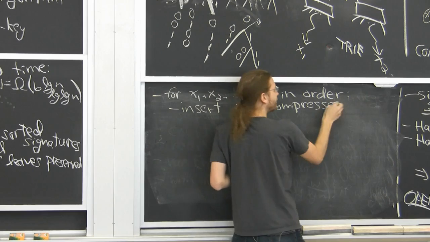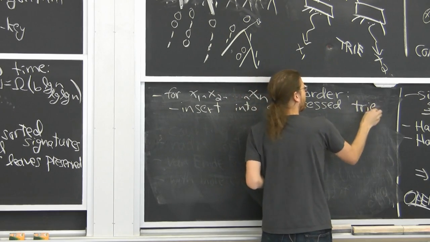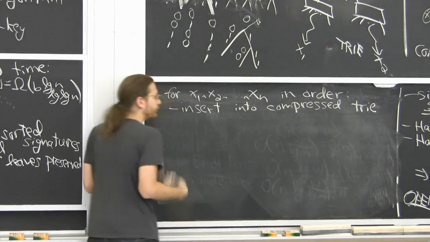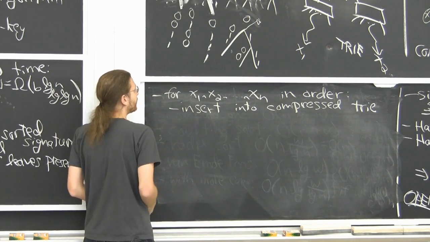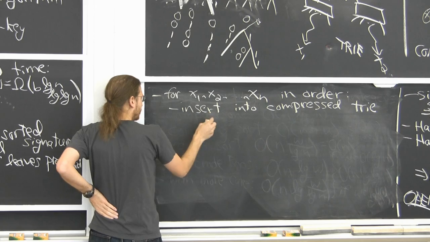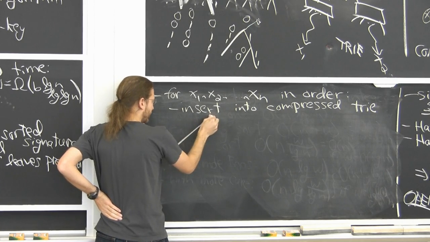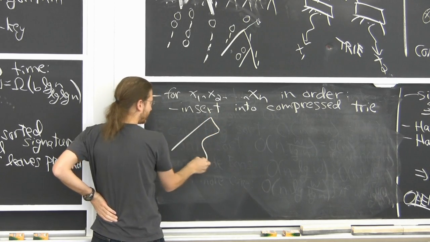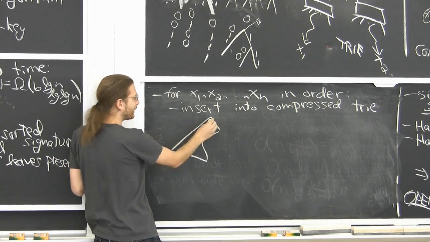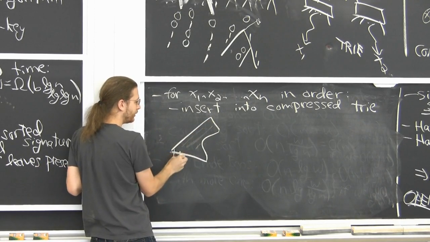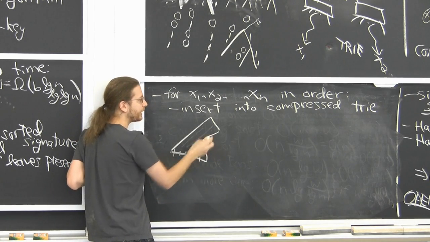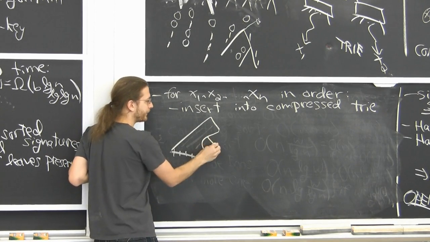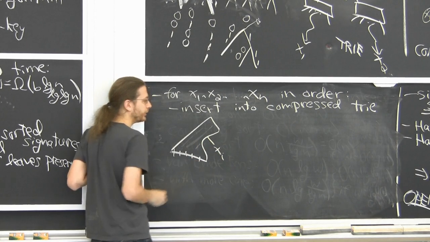So I start with an empty compressed trie. First thing I do is add x1, so it's just a single leaf. Then I add x2 to the trie, x3 to the trie. In general, I'll have computed a partial trie, something like this. I've computed the left part of the trie already. All these xi's have been done. And now I need to add on the next, say, xi over here somewhere.